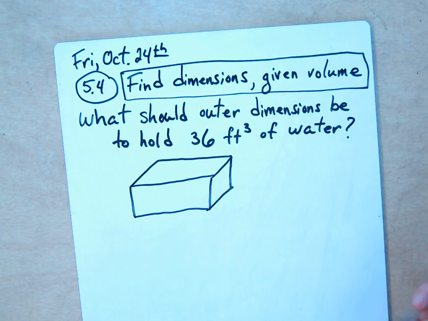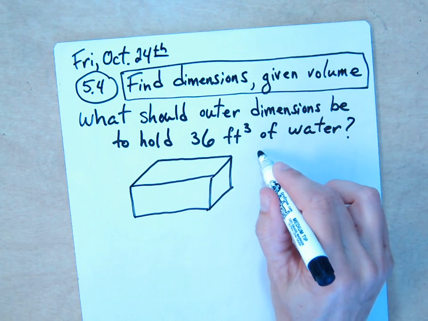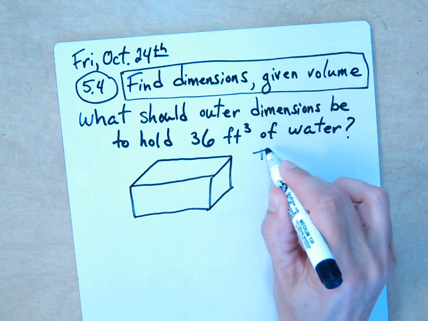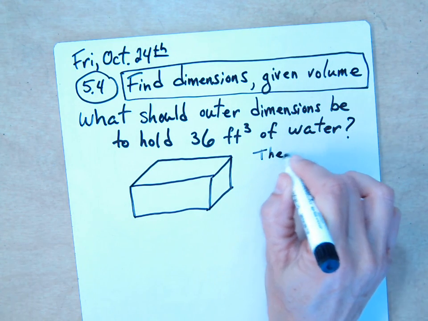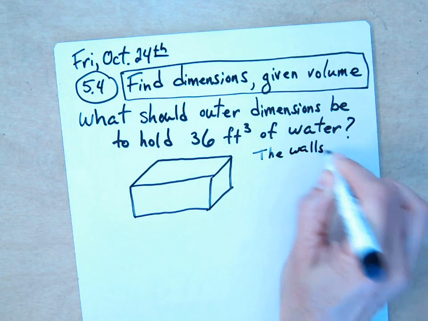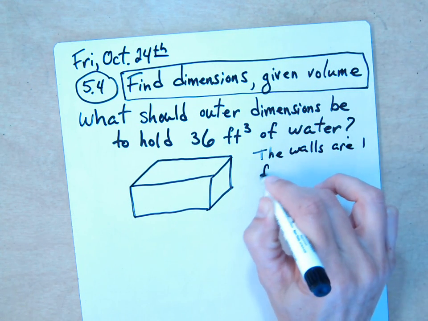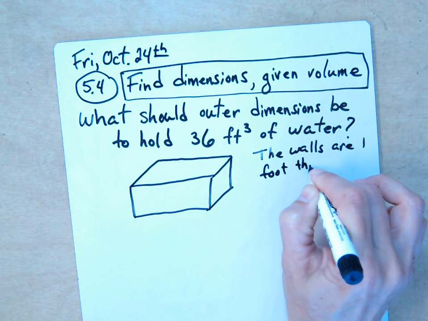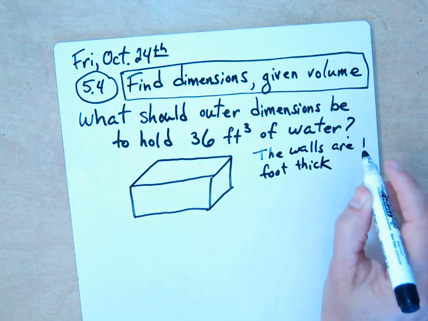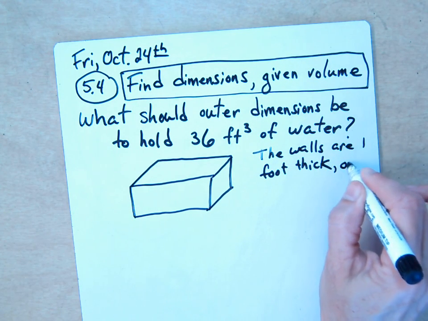Now it's not a solid here. You want to hold water inside, and the other thing about the problem is the walls of this are 1 foot thick, which will make it more interesting. 1 foot thick and open at the top.